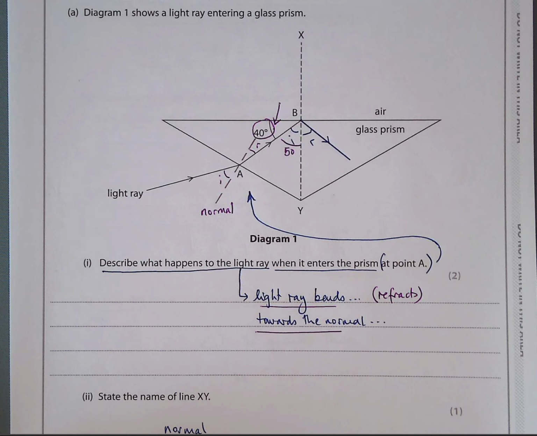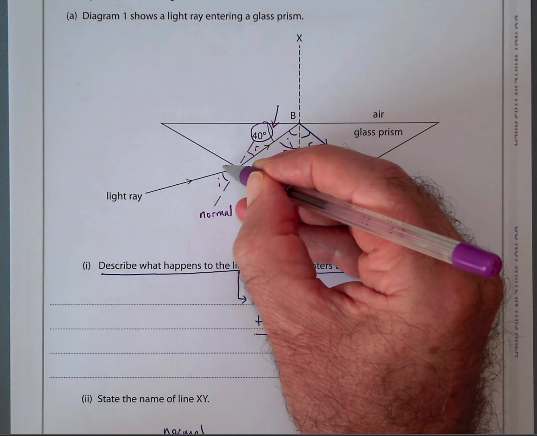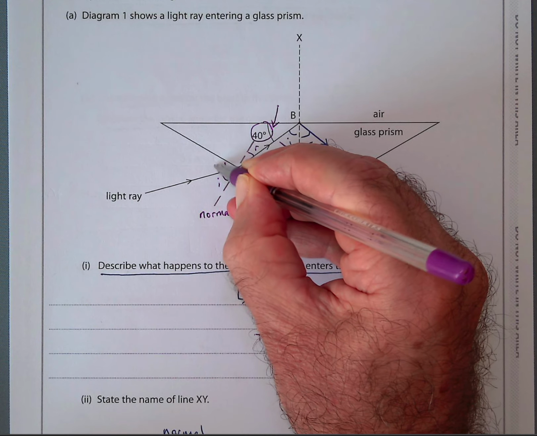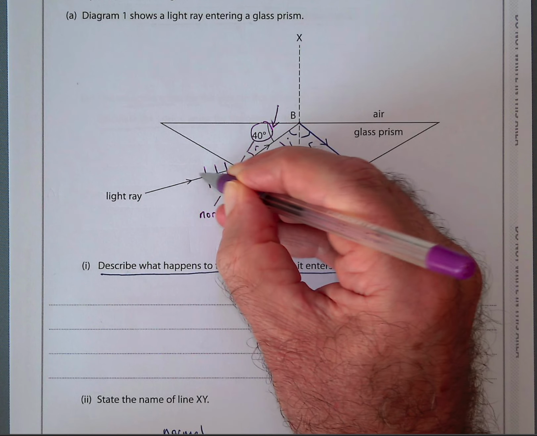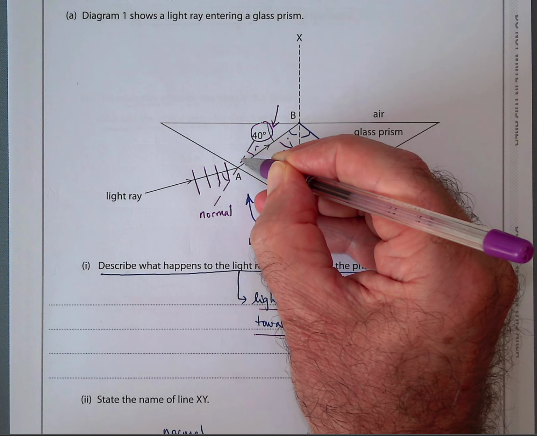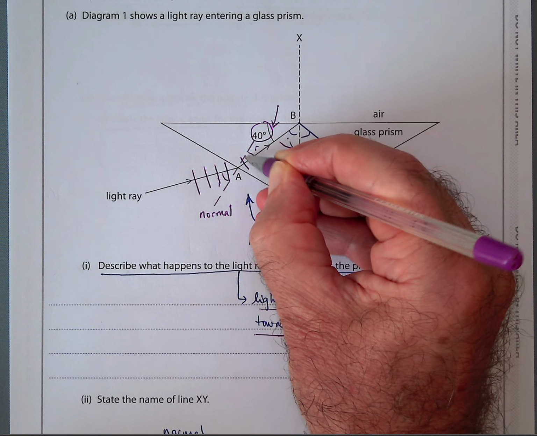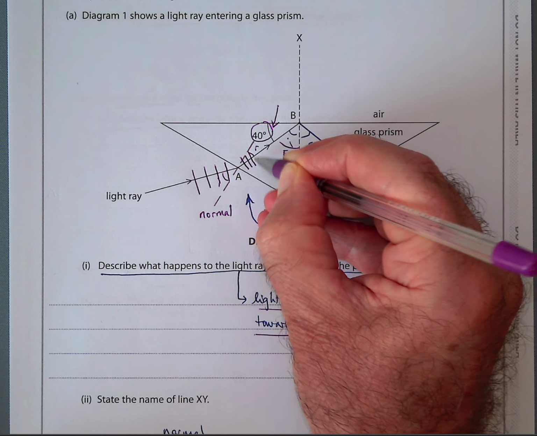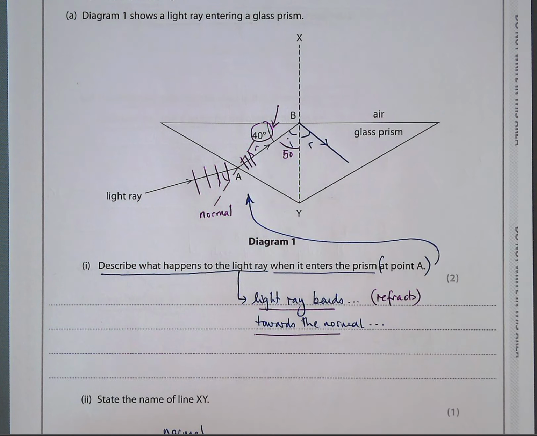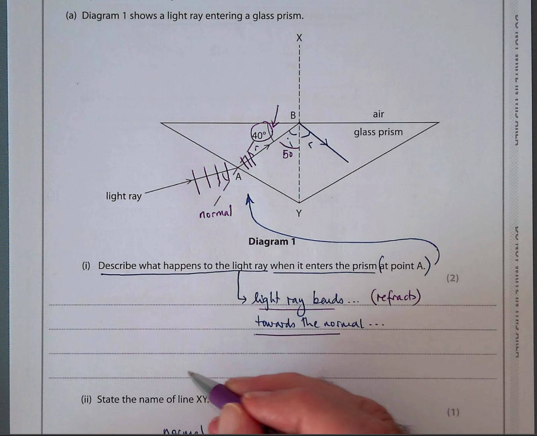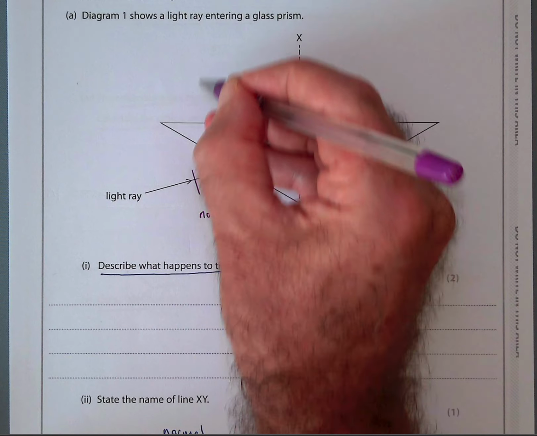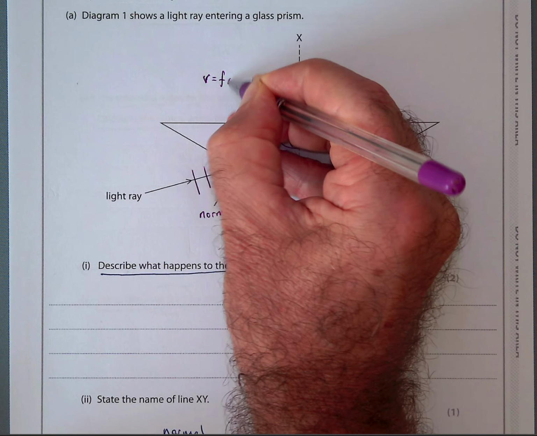If you want to understand it, the wavefronts are at right angles to the ray, so these would be wavefronts, and inside they get closer together, so the wavelength decreases inside. Yeah, and that's why they slow down, because remember V equals F lambda.